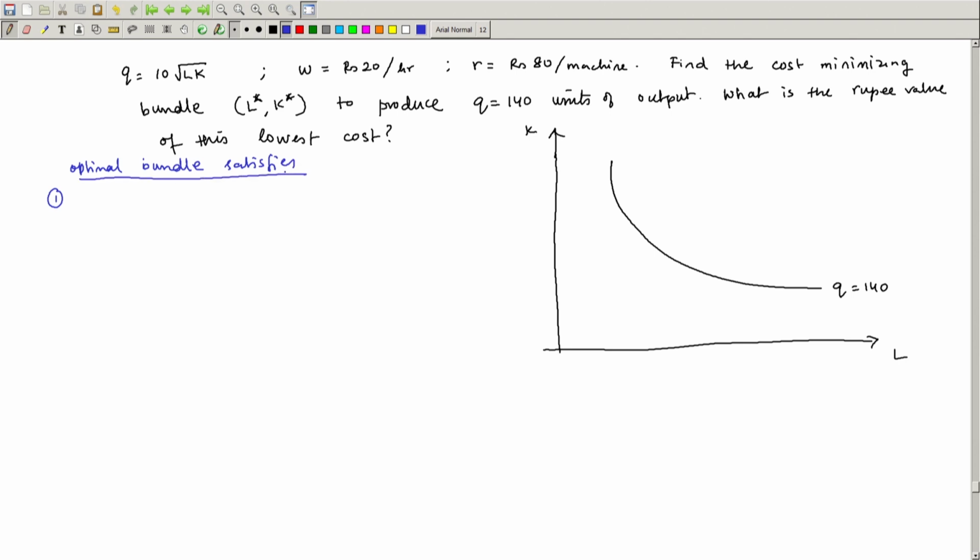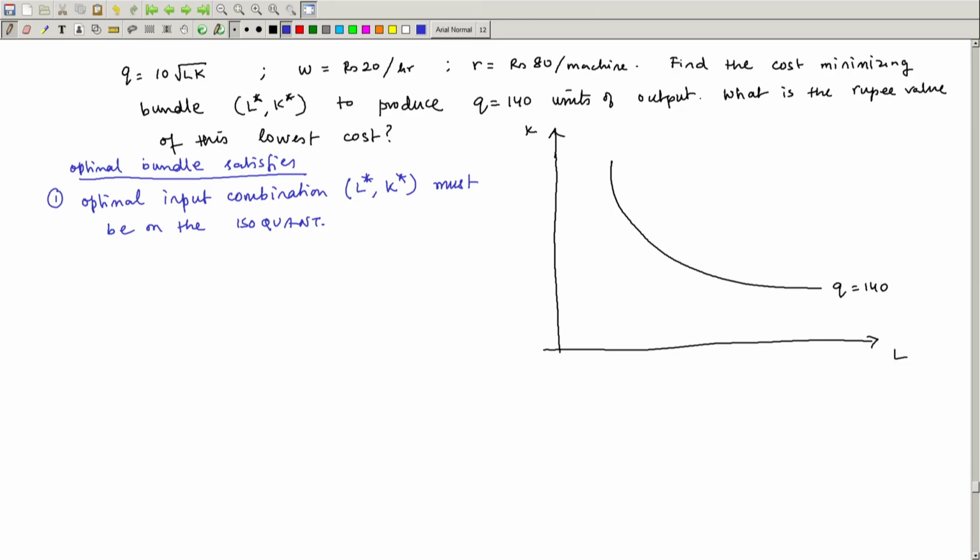The first condition is that the optimal input combination of L star and K star must be on the isoquant, because otherwise there is no guarantee that the firm will be able to produce 140 units of output.